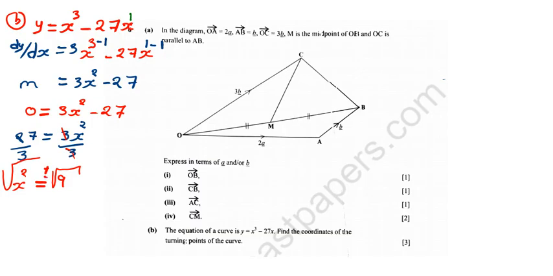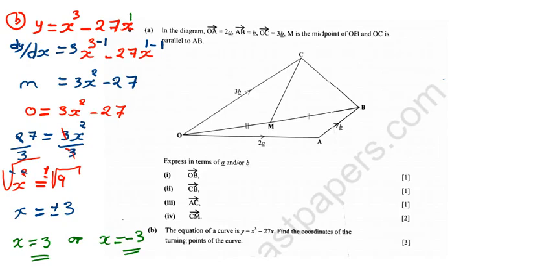So the squared and the square root will cancel, and I remain with x is equal to positive or negative square root of 9, which is 3. So therefore x is equal to 3 or x is equal to negative 3. So those are my two values of x.